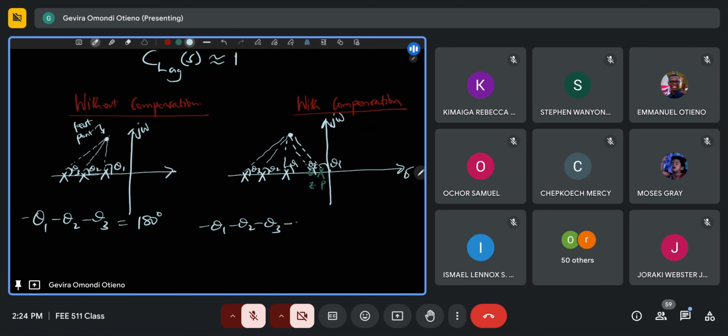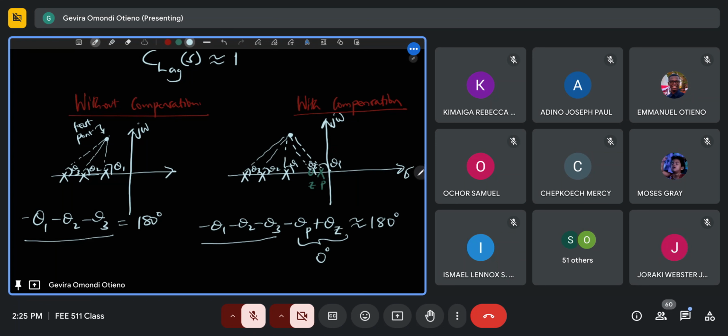So minus theta P, because it's a pole, plus theta Z, which is now a zero, because for zeros we add, I hope you haven't forgotten that, should be approximately equal to 180 degrees. Notice this is already contributing 180 degrees, so these two should contribute almost 0 degrees.